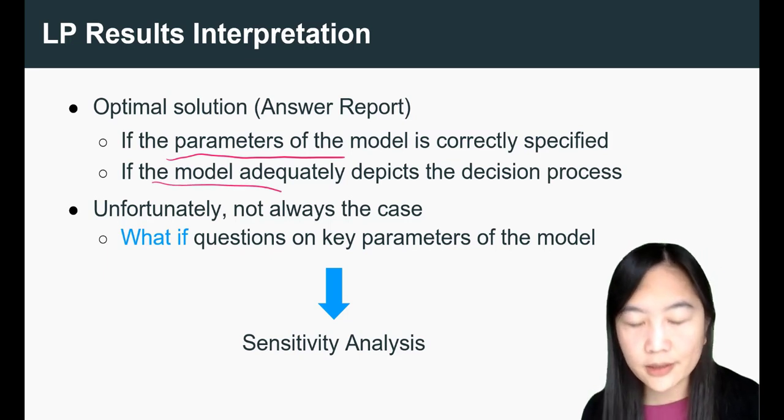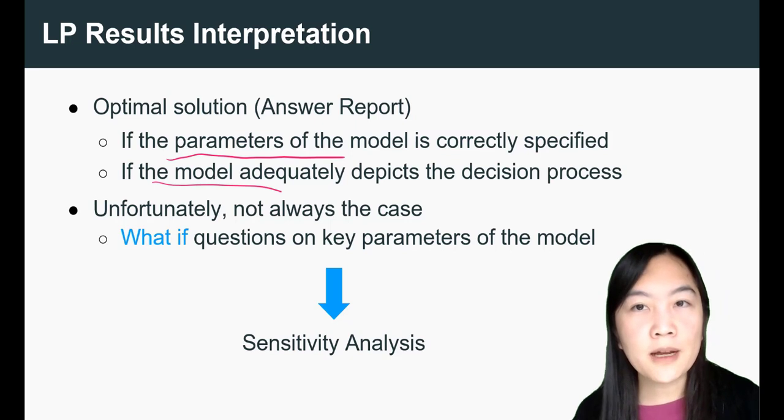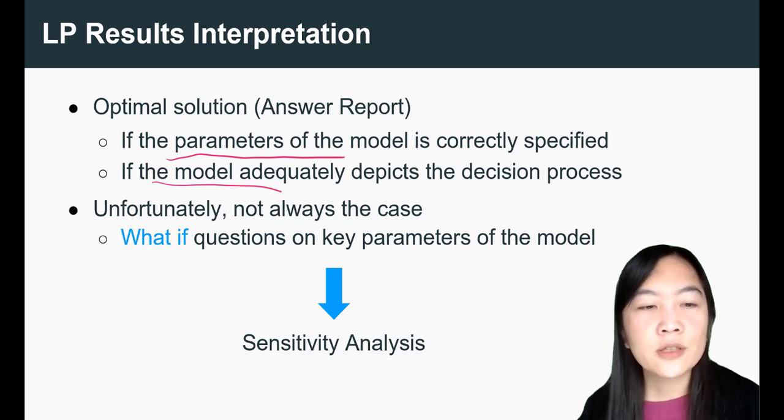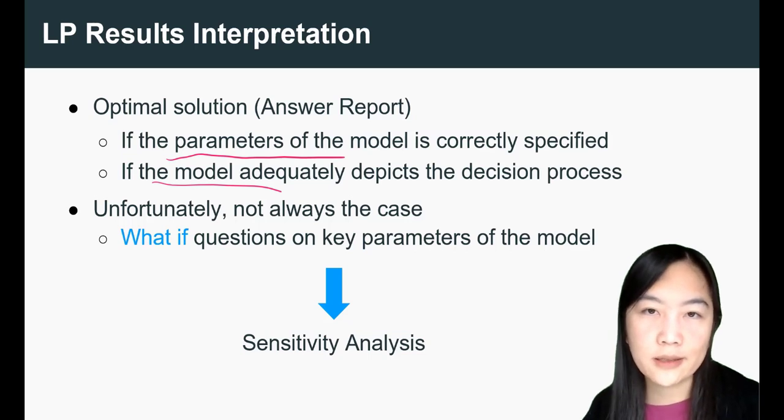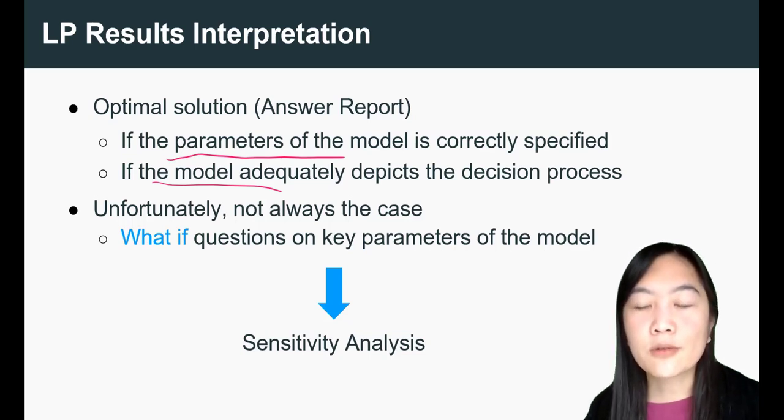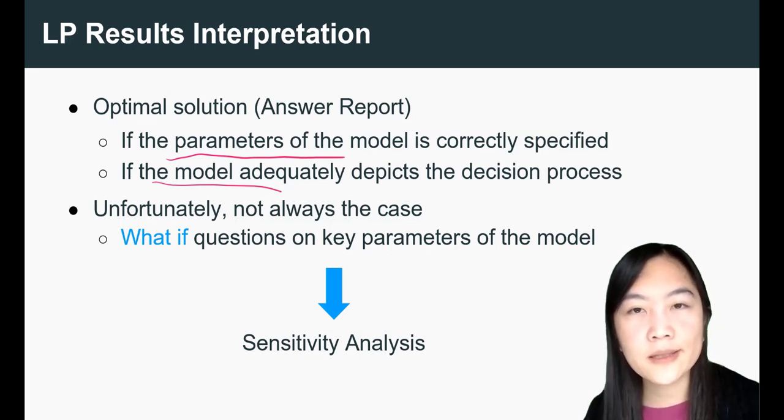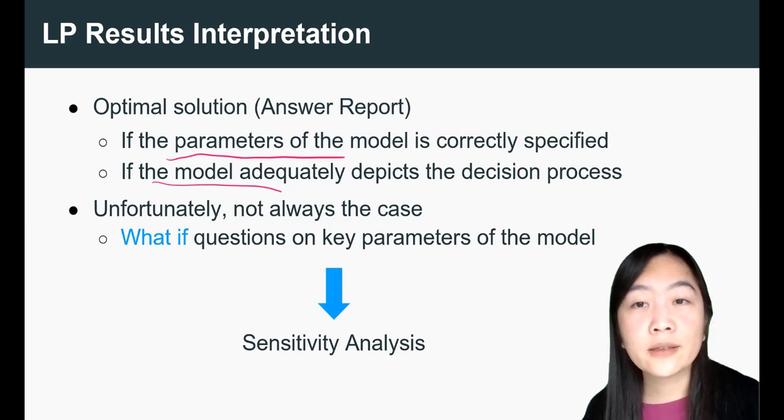Another assumption is that we set up a model, and our solution is based on the assumption that the model correctly described the decision process. However, sometimes that might not be the case, because we assumed that the producer is deciding how much corn and how much soybean to grow in order to maximize the profit.